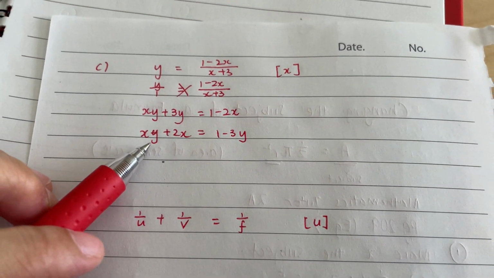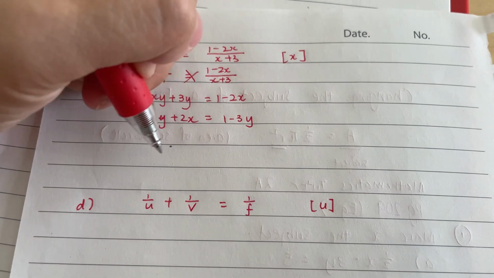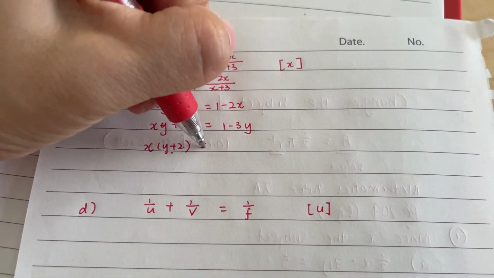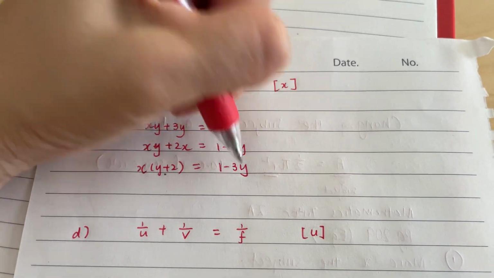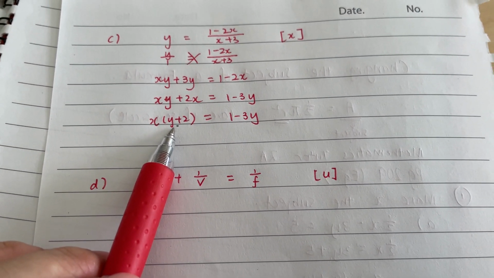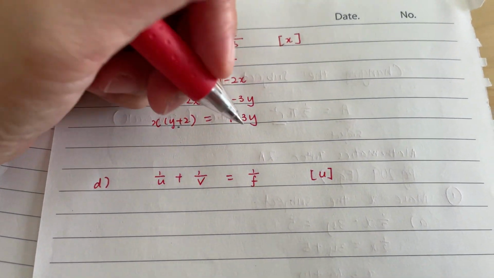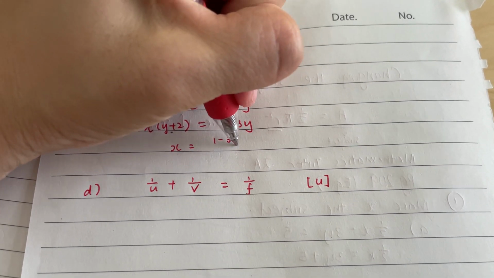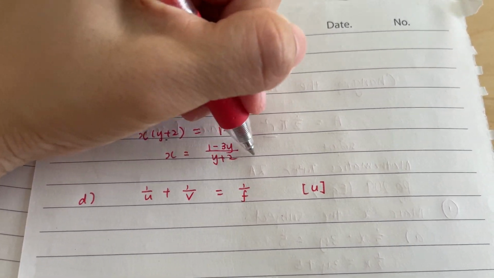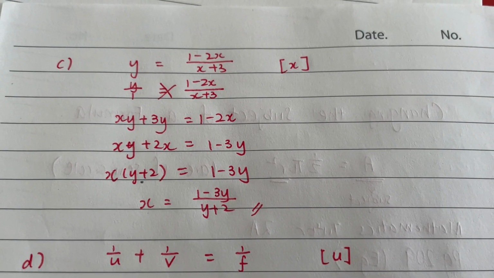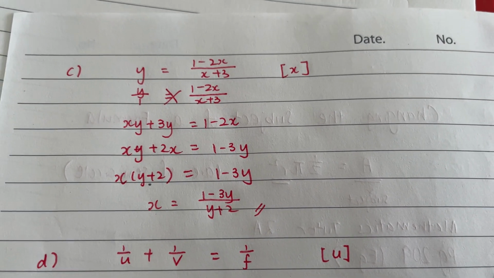Okay, next, let's factorize the x out of the terms on the left. 1 minus 3y. And final step, let's get rid of y plus 2 by dividing both sides by it. And then we are left with x as the subject. There you go. Okay, after a while, the method is rather similar.